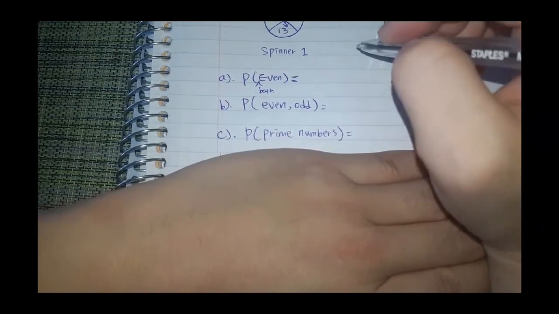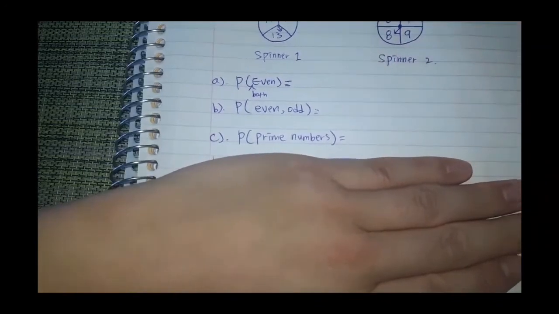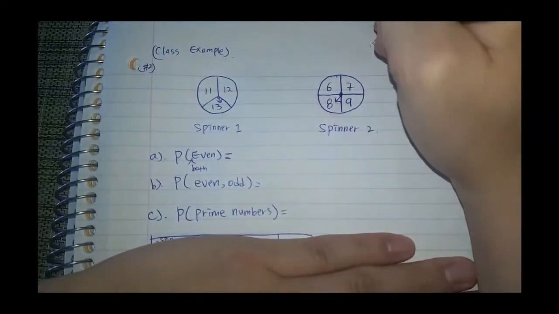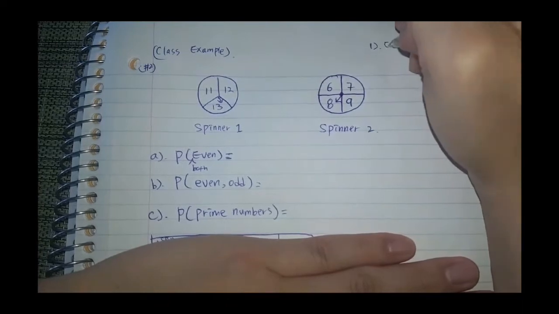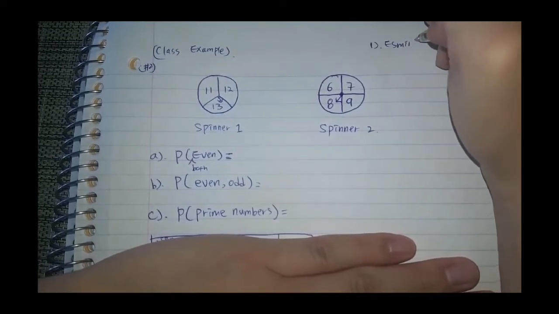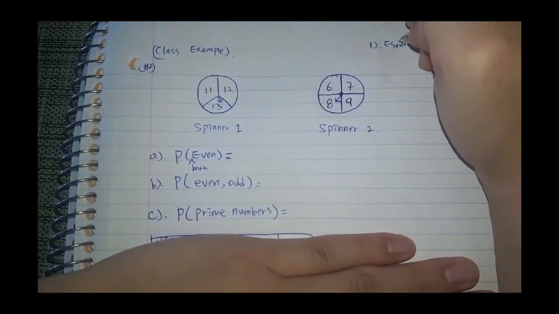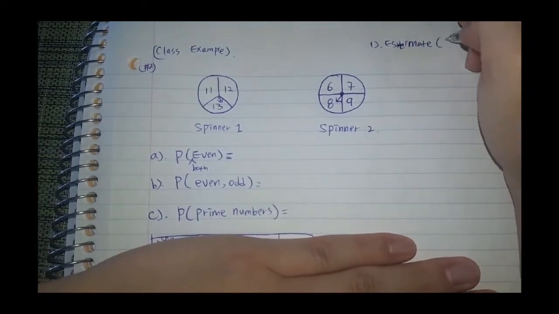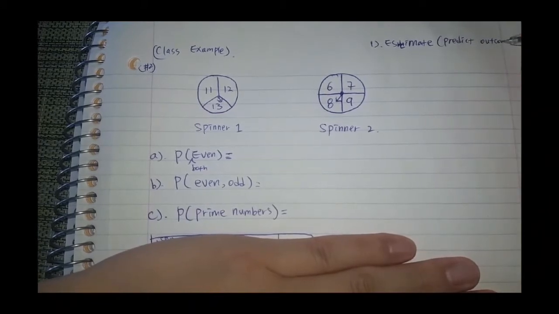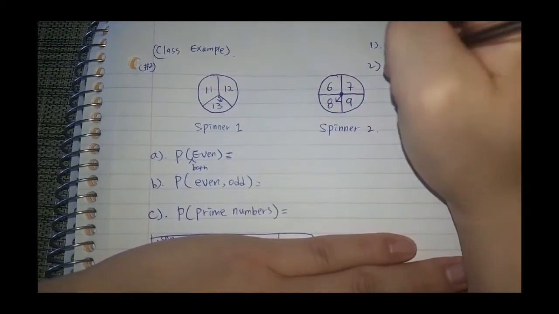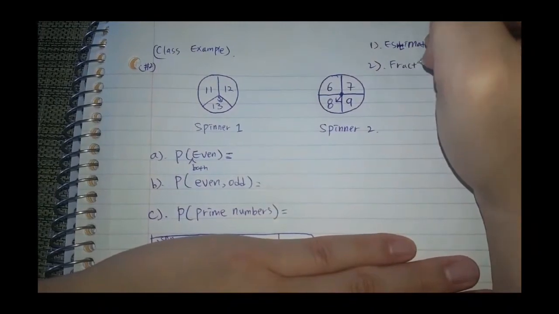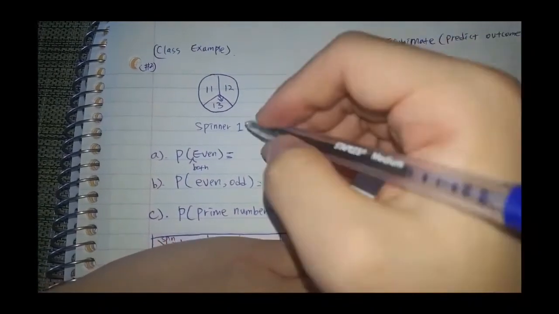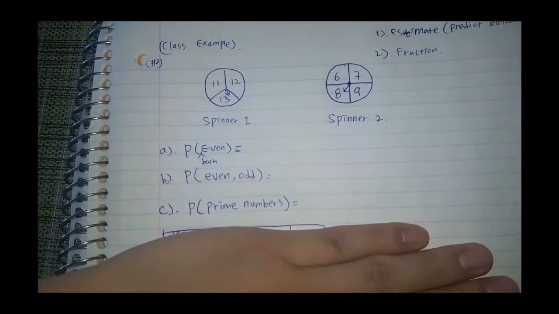If that happens, here's what we do. Step number 1, we estimate. What I mean by estimate is we predict outcomes. And number 2, we can create a fraction first. So if I think about A, here's what happens.